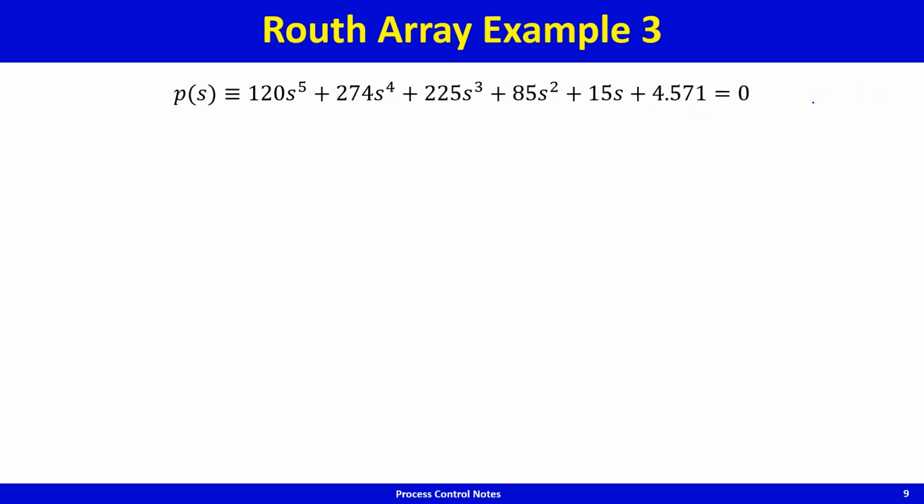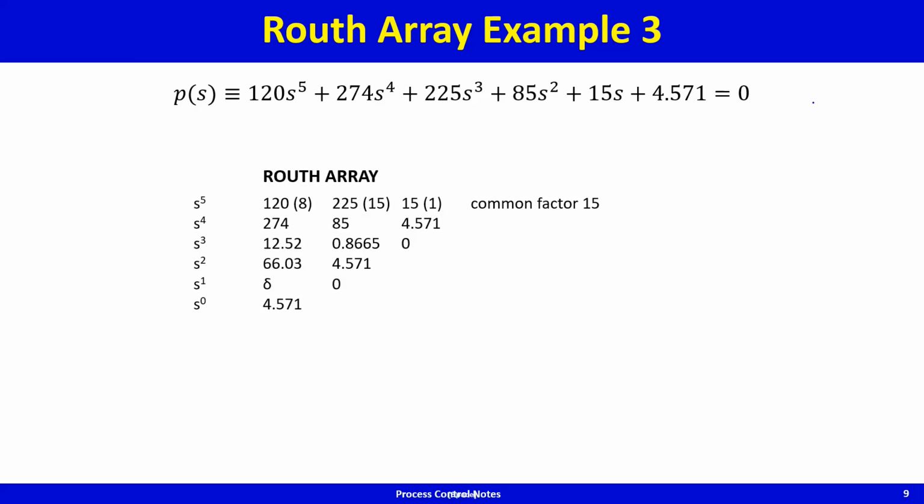Here what you will find is, if you go through the procedure, and I am not going to repeat the procedure because that will bore you, this guy turns out to be 0, and because this guy turns out to be 0, you do delta times this minus this times this divided by delta, so therefore this guy gets copied over here, and that completes the root array.